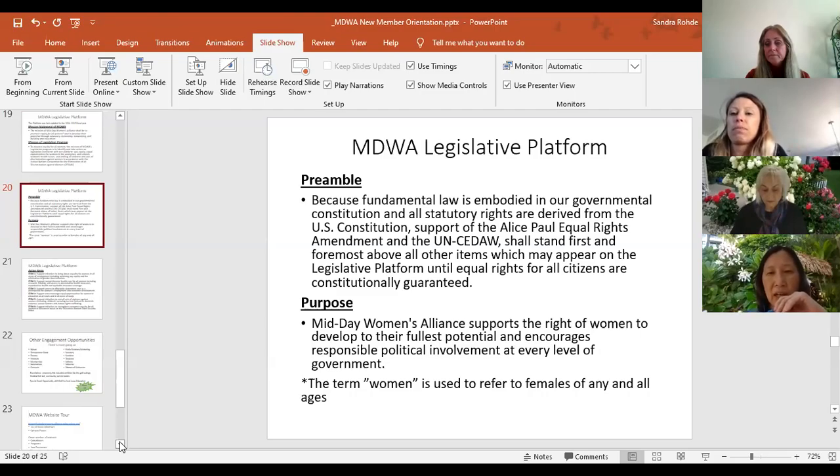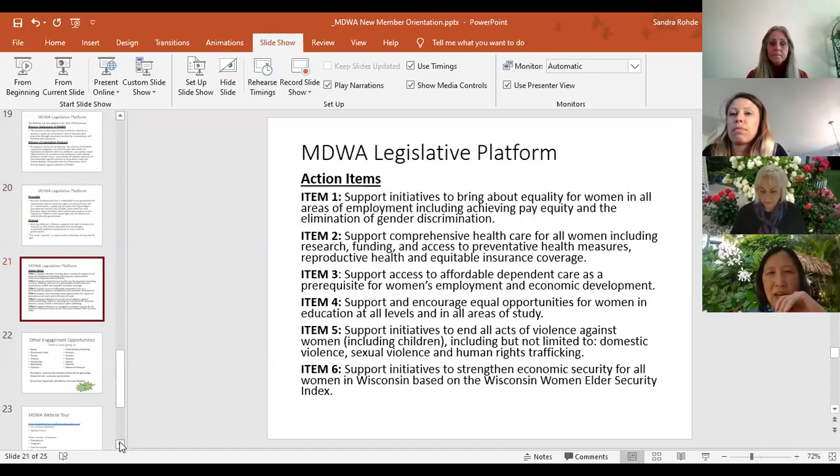But the other items in our platform are also very important, especially to working women, and especially item number 1. But the other items are also important to a successful, productive working woman.